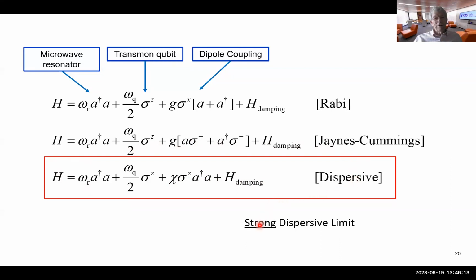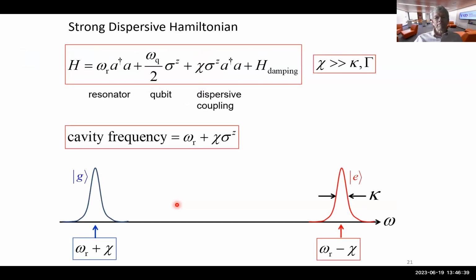And we are, unlike in regular quantum optics, in the so-called strong dispersive limit. Even though this is second order perturbation theory, this dispersive shift chi is much bigger than any dissipation in the system. And the fact that it's strong will allow us to have very good control of the system.